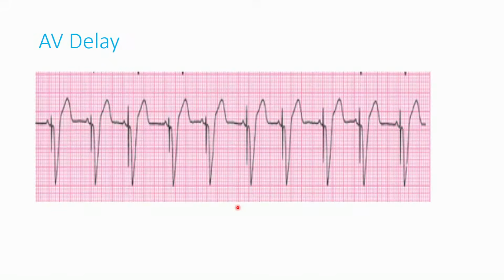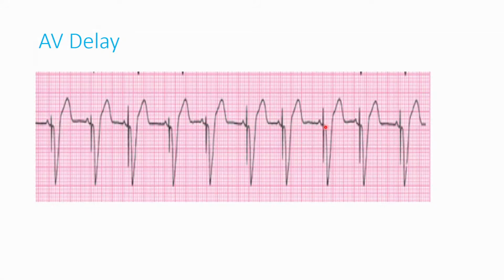But there is one problem. If you can find out the problem we are dealing with here, it is the AV delay. Everybody does echo, right? So in echo, A to V, what do you see? The AV PR interval, right? Electrically we are given the ECG here.